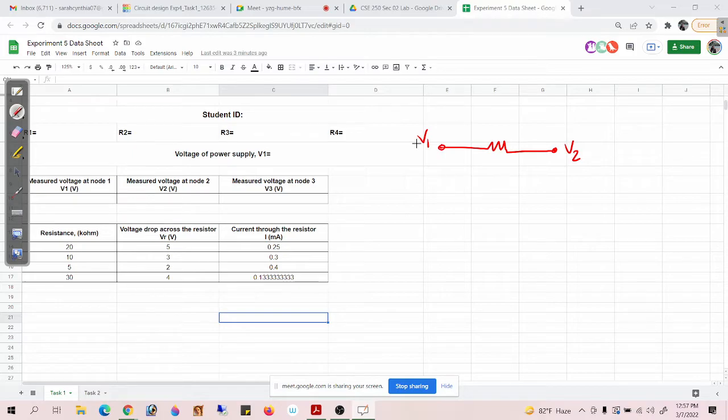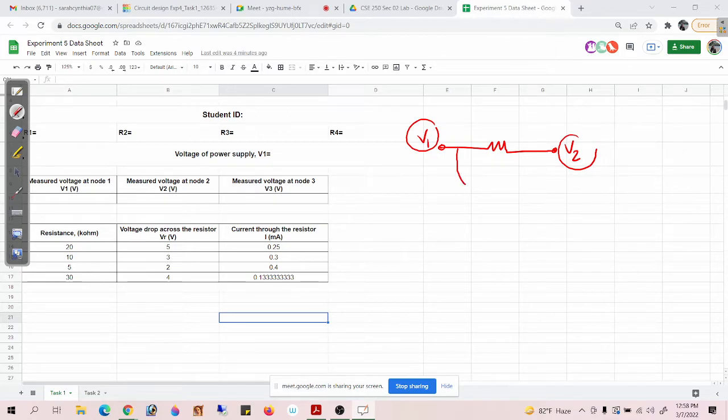So in our experiment, what we have measured is basically, with the help of a voltmeter, the node voltages. We measured V1, and then we also measured V2. Now that we know the two terminal voltages of the resistance, we might as well easily find out what the voltage across the resistance should be.